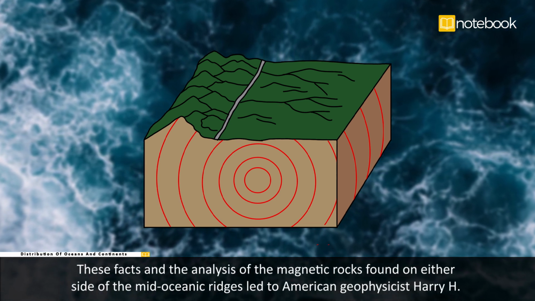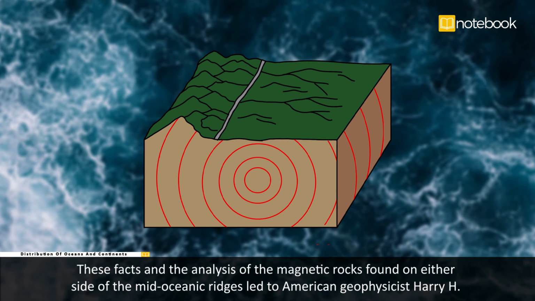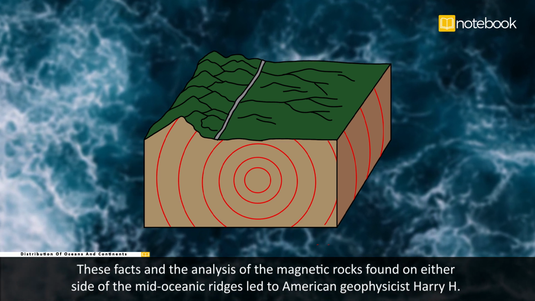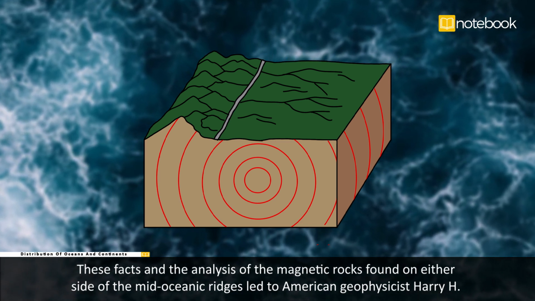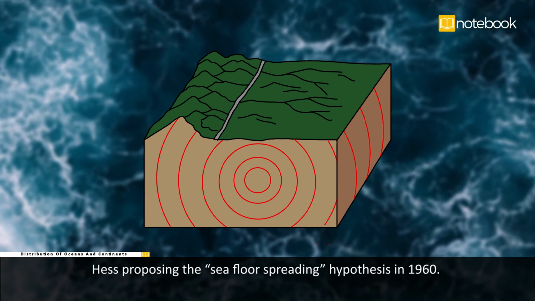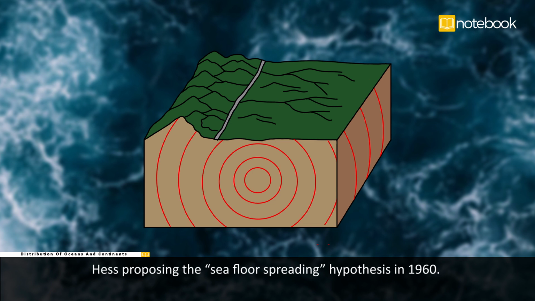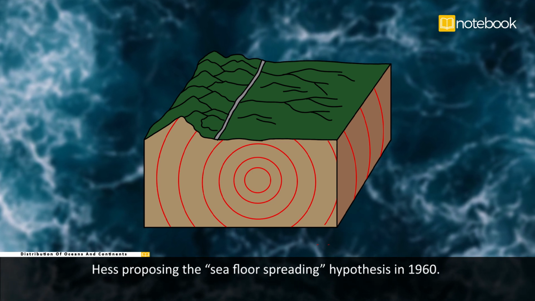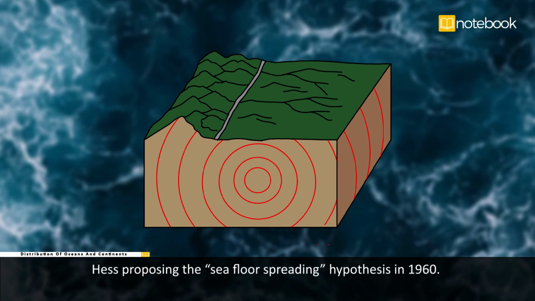These facts and the analysis of the magnetic rocks found on either side of the mid-oceanic ridges led to American geophysicist Harry H. Hess proposing the sea floor spreading hypothesis in 1960.